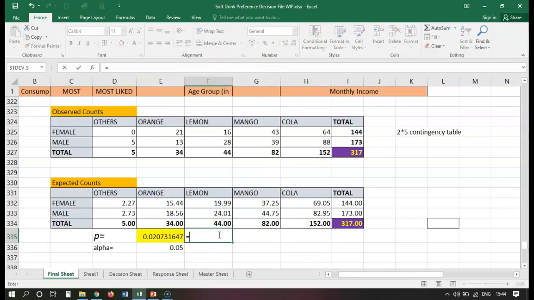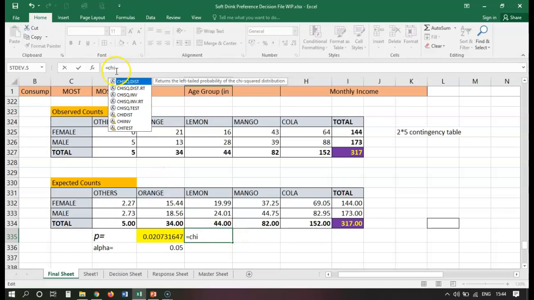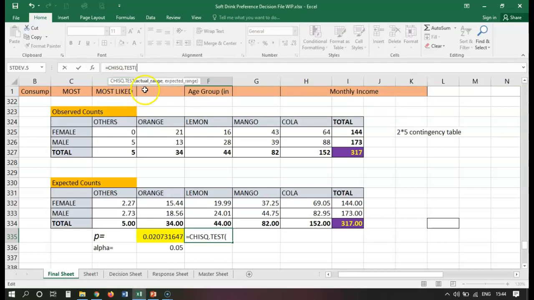I start with an equal sign, and then I write chi. Once I write chi, we find a host of different formulas involving chi-square. Out of all these, we have selected the simple test called chi-square test. So we double click it here. Then it prompts us to give the actual range. Actual range means the sample frequencies that we have here.